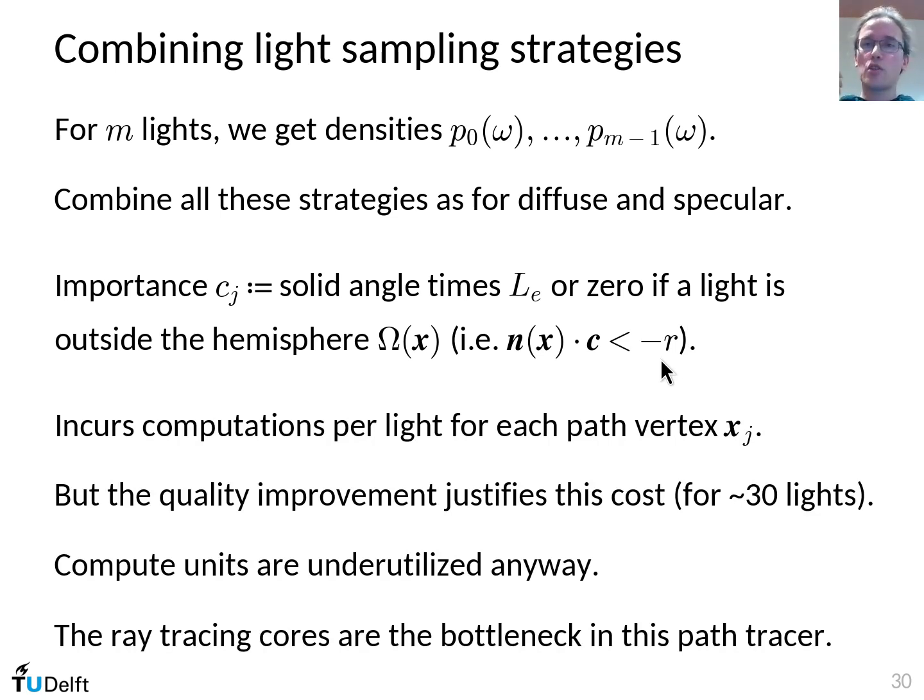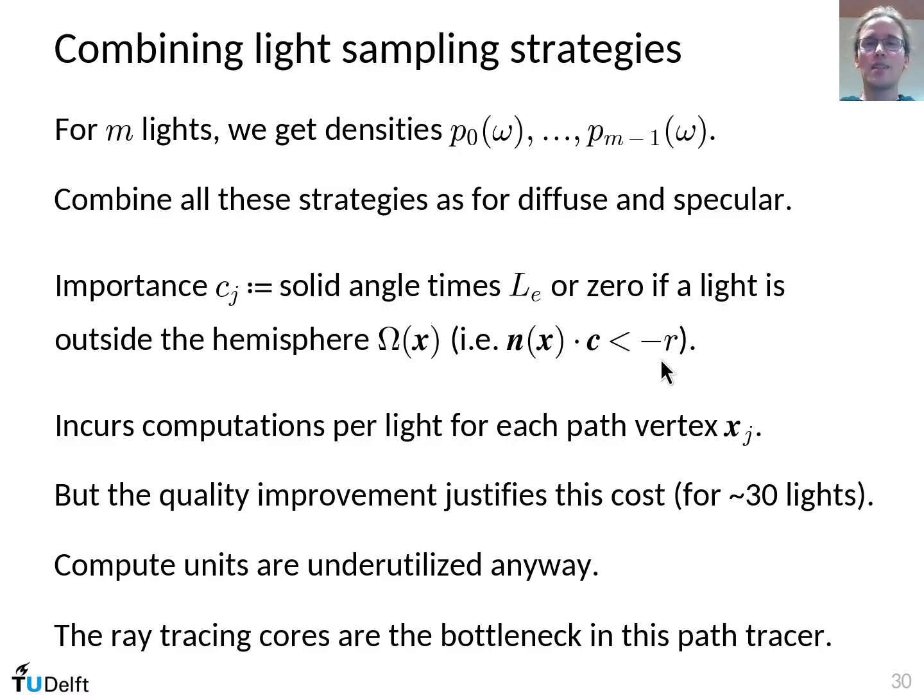With that, we have a combined sampling strategy for all the light sources in our scene. Of course, the way I decided to do this here incurs computation for every single path vertex and for every single light. This doesn't scale very well, but I've shown you the quality improvement that we get with this importance sampling strategy. It's very significant. So this justifies this cost, at least for the scenes that I am using here for my tests, which have around 30 lights.